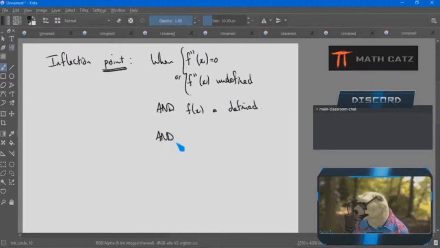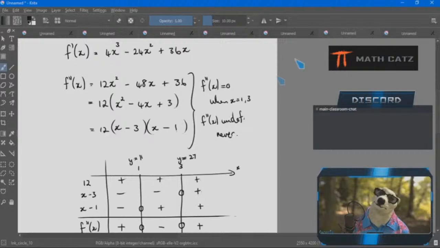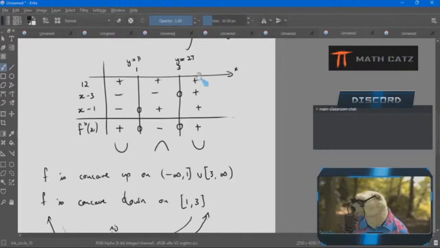There's another and. And the concavity, or the bend in the graph, must change as I cross that x value. I read that off my table. See how it changes from a plus to a minus, inflection point. Minus to a plus, inflection point.